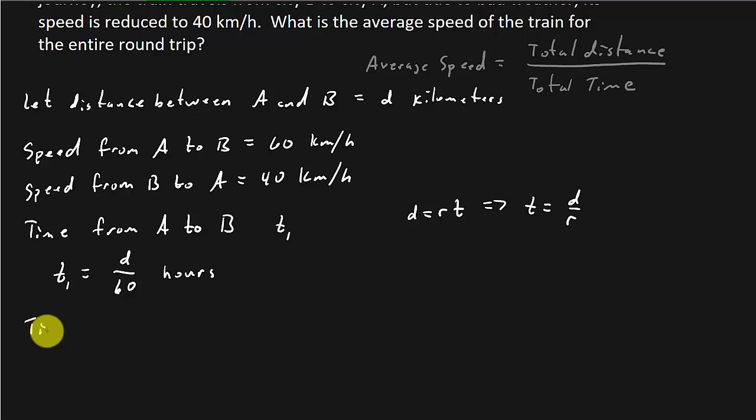And then we can get the time from B to A, and we'll call that T2. Once again, T2 would be distance over rate, which is 40. And that would be hours.